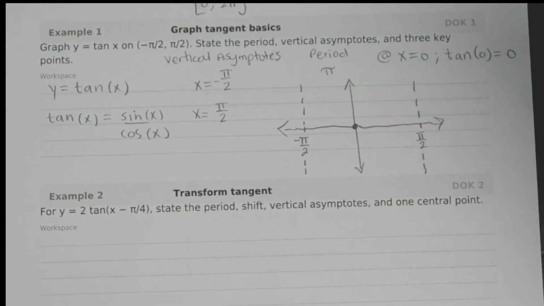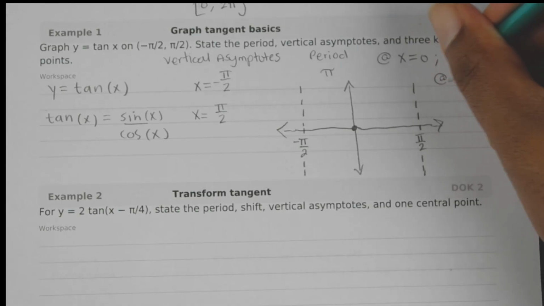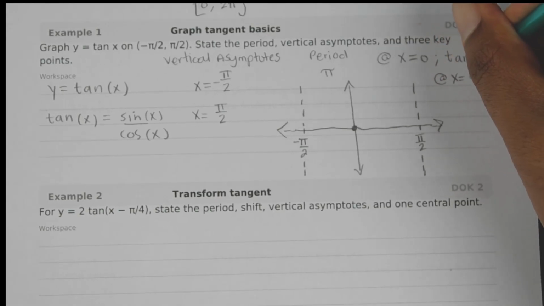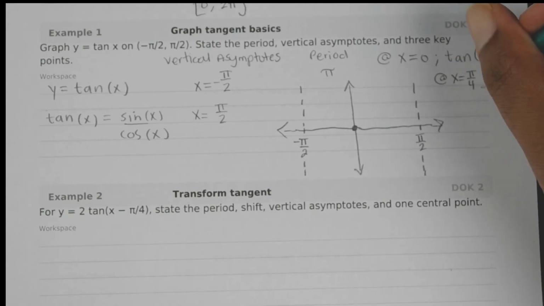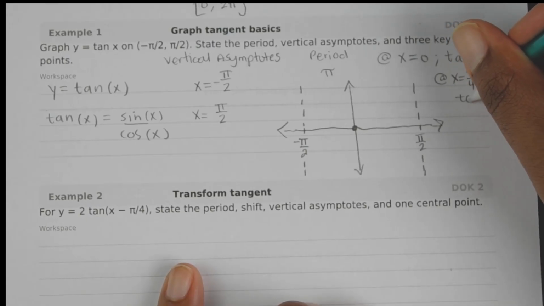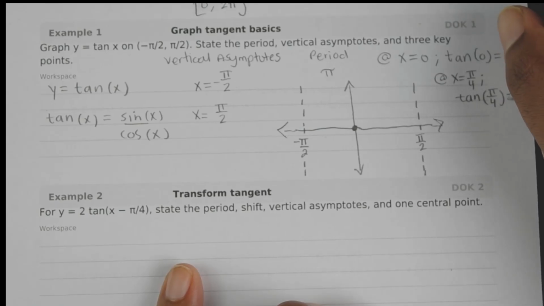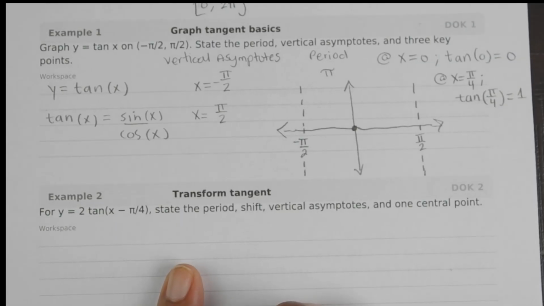Okay. At x equals pi over 4, what would tan be? The tan of pi over 4 would be equal to 1.